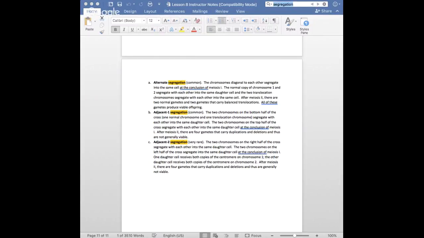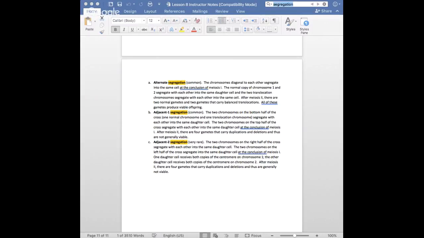And then for this one, it contains chromosome 1 and then just a little bit of chromosome 2 right here. So that's what happens in a reciprocal translocation in the meiosis process.